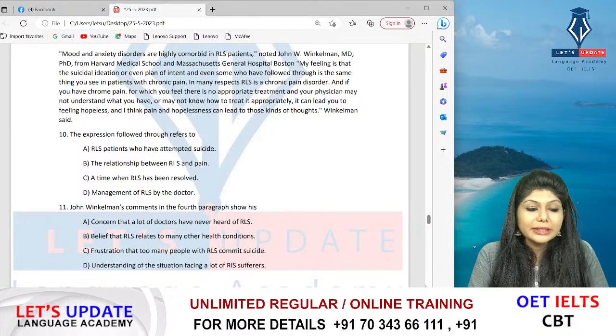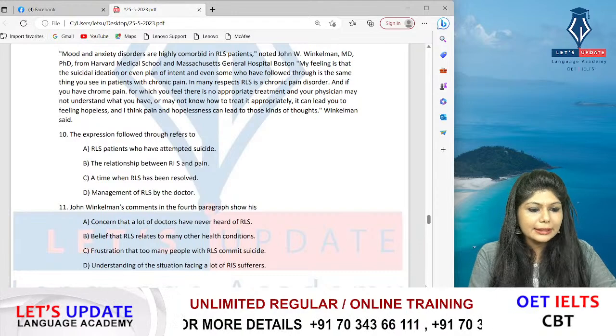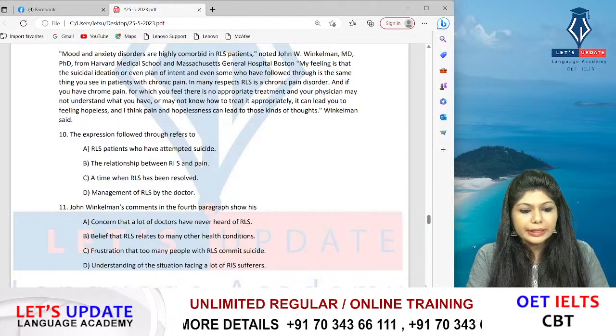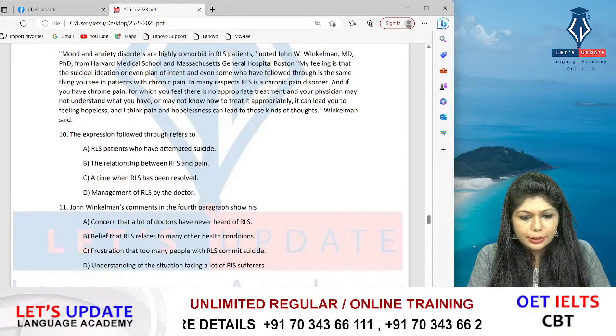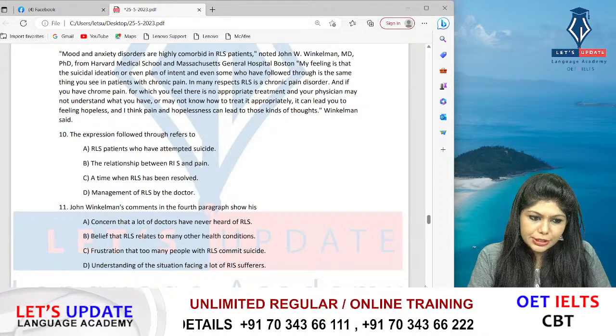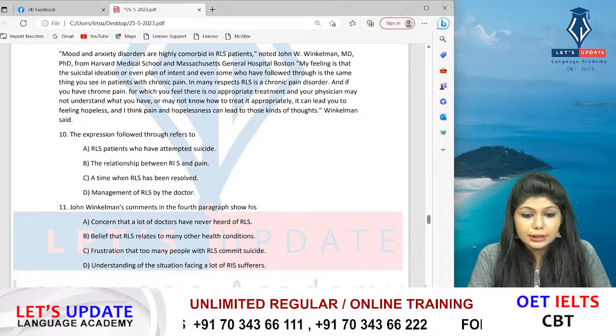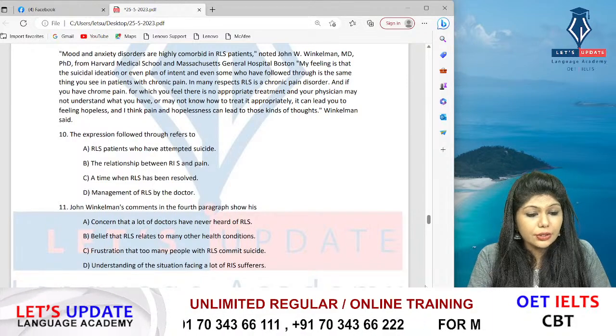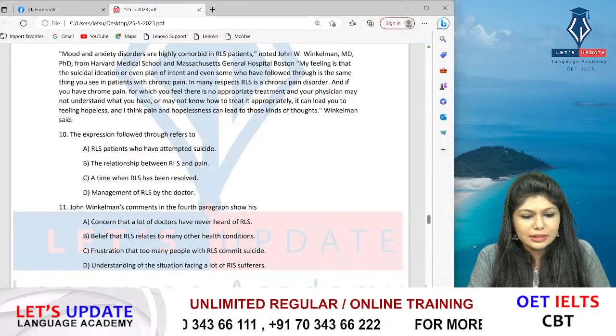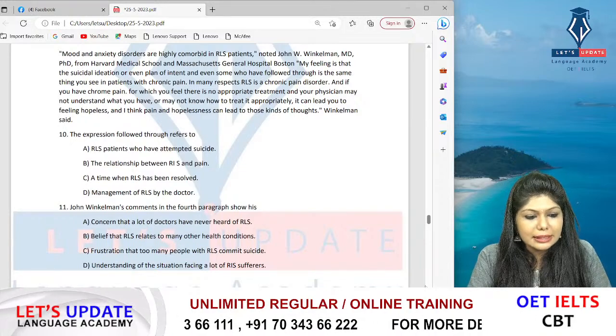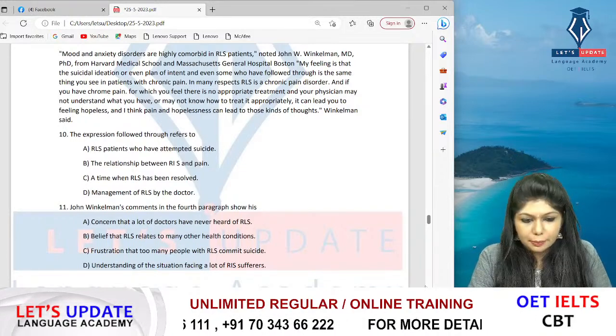Okay, so I'm going to read this paragraph. Mood and anxiety disorders are highly comorbid in RLS patients, noted John W. Winkelmann, MD, PhD from Harvard Medical School and General Hospital, Boston. My feeling is that the suicidal ideation or even plan of intent, and even some who have followed through, is the same thing you see in patients with chronic pain.